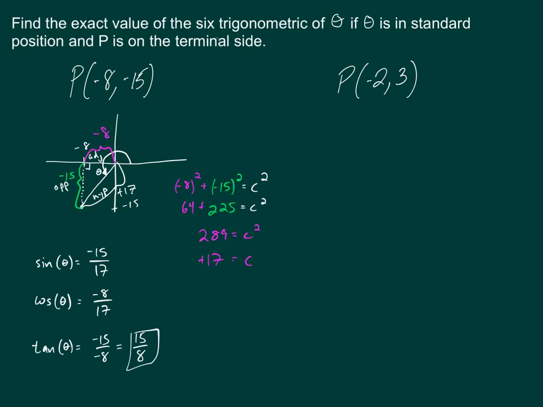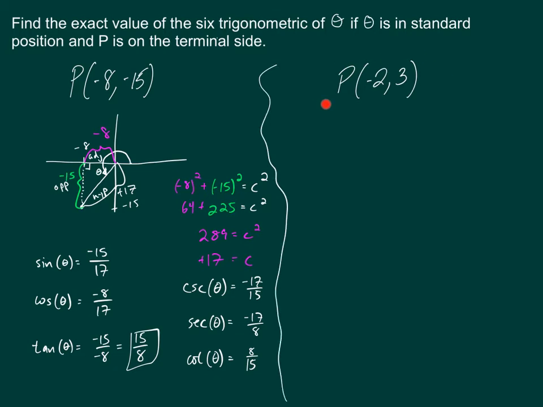So if you wanted to find the other 3 trig functions here for this particular point, you would need to just reciprocate these 3 trig identities. And so here's what these 3 trig identities look like. So I'm going to, again, give you a few seconds to try this one here. So make sure you put this in the correct place and see if you can find all 6 trig values.